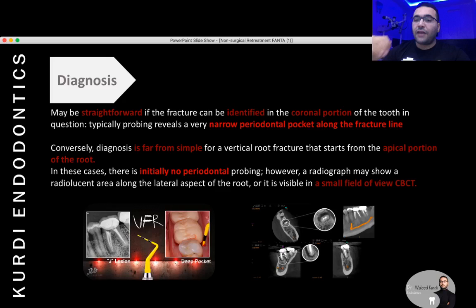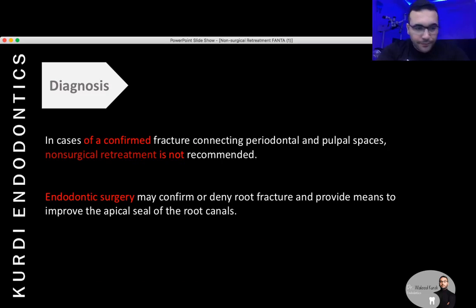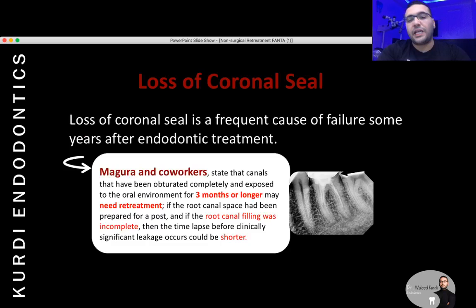But what if the vertical root fracture is more apical? In the apical portion, it will be far from simple to diagnose. And endodontic surgery in such cases will only be done to confirm or deny the root fracture, but it will not completely remove or treat the vertical root fracture. So vertical root fracture is honestly our enemy in such non-surgical retreatment.